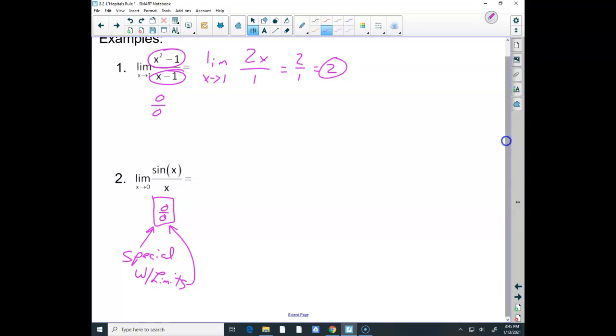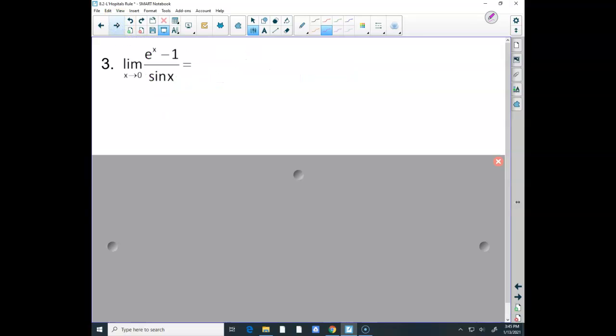And if I get 0 over 0, this says, okay, let's take the limit as x approaches 0 of the derivative of sine, which is cosine, and the derivative of the bottom is 1. Notice again, I didn't do that as a quotient because the numerator is not a quotient. And then I reevaluate. The cosine of 0 is 1 over 1. That limit is 1. Okay?